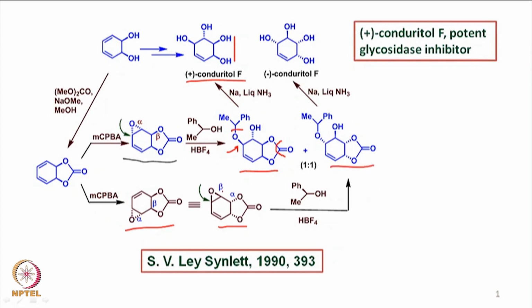And since this epoxide is beta oriented, the nucleophile attacks from the alpha side here, and the corresponding hydroxy compound has the orientation in an alpha fashion here, and this epoxide is beta oriented, and therefore the corresponding hydroxy group here is beta oriented, and in the same way here it is also beta oriented.